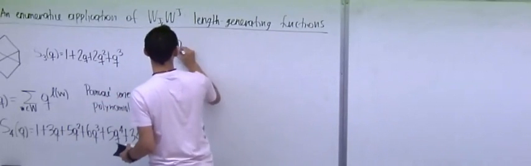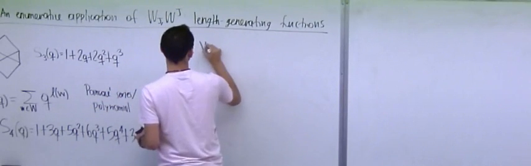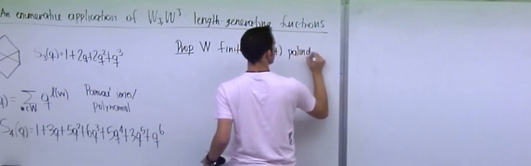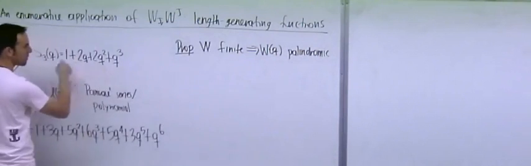And this is where we would like to say, okay, what can we actually say about these polynomials? And for example, that's a theorem. If W is finite, then W of Q is palindromic. Now, palindromic means that the coefficients are the same from left to right.